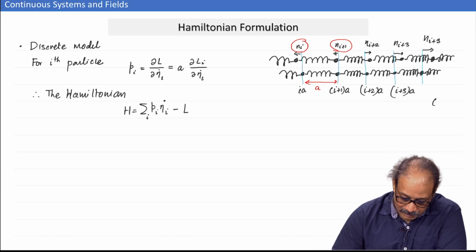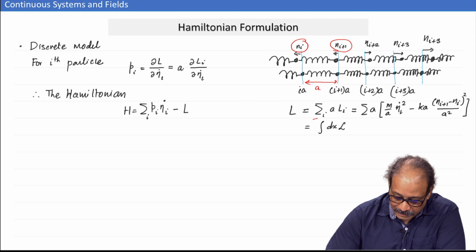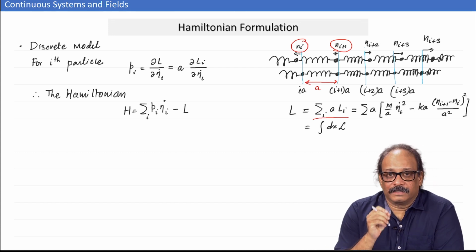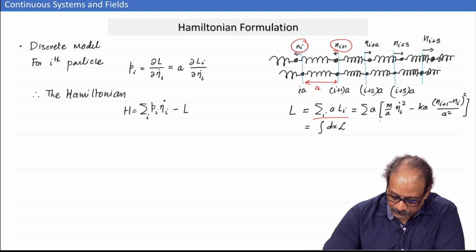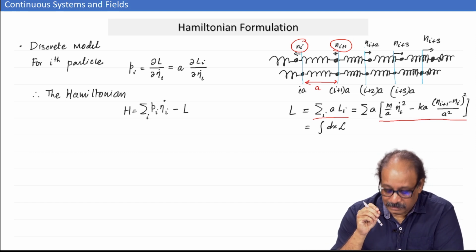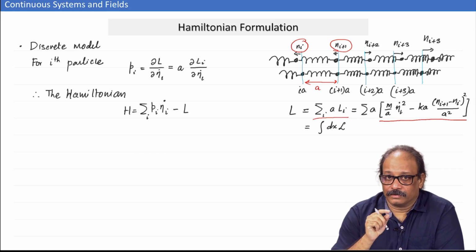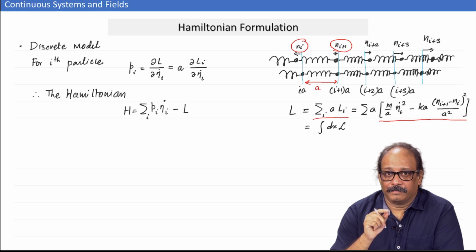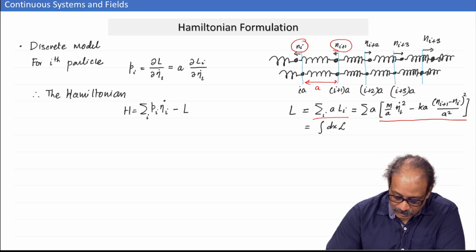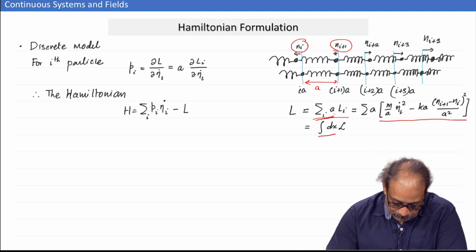But remember, the way we wrote the Lagrangian there, I wrote it finally as summation over a times L_i, where L_i was defined as (m/a) eta_i dot squared minus the potential energy term. Okay. Now, when you take the continuum limit, your L_i becomes the Lagrangian density, and the summation over i with a will become an integral over dx, an integral over the continuous space variable.